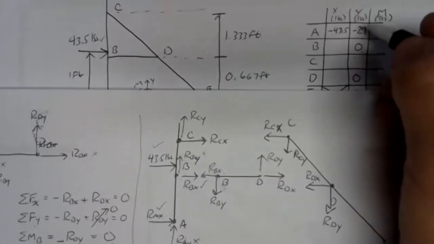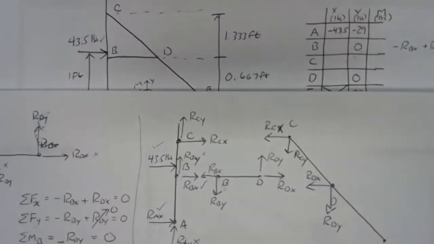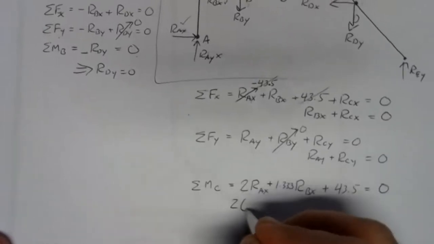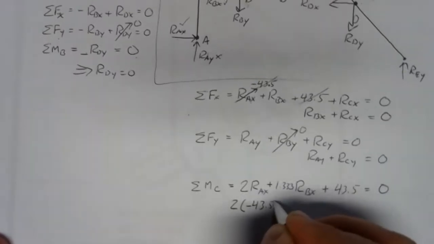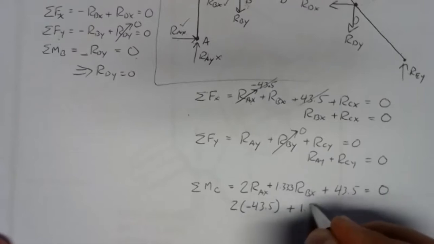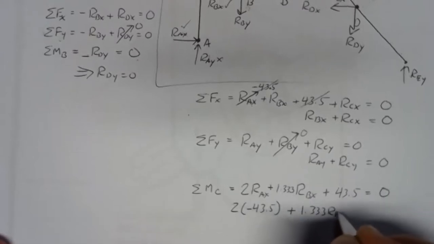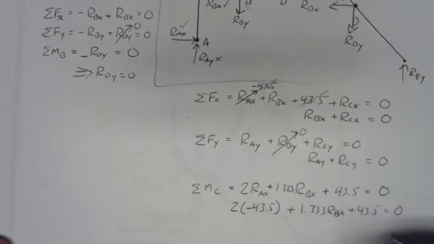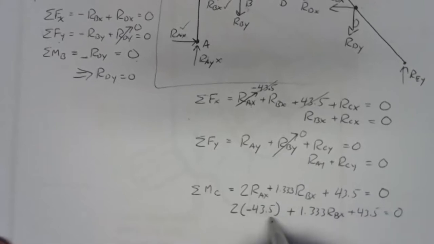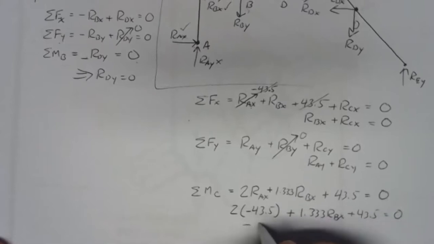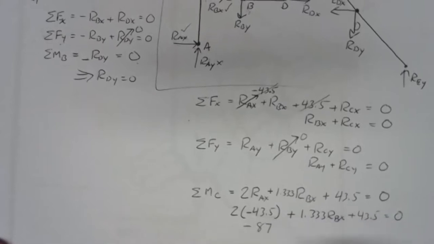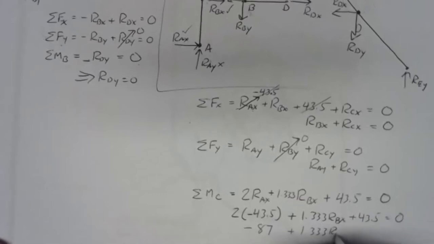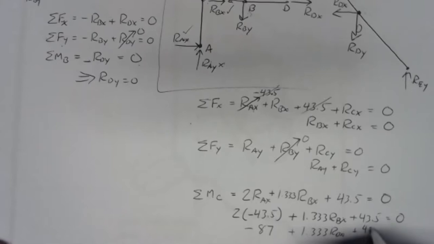The table says RAX is negative 43.5. So plug that in. You've got 2 times negative 43.5 plus 1.333 RBX plus 43.5 equals 0. So 2 times 43.5, that looks like negative 87, plus 1.333 RBX plus 43.5.